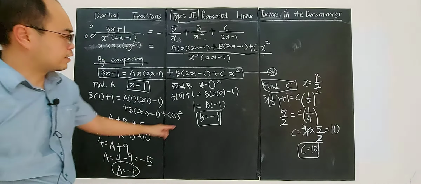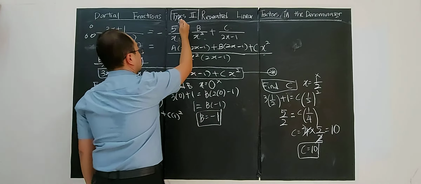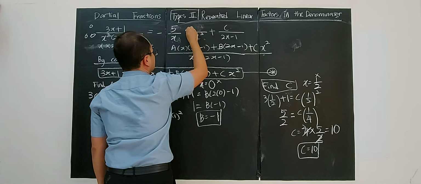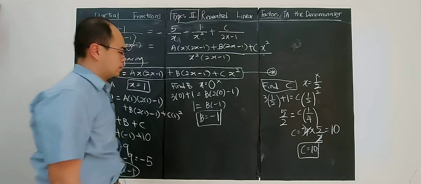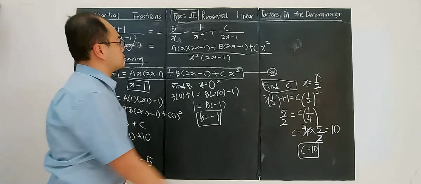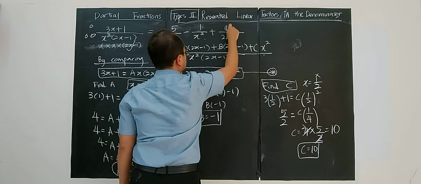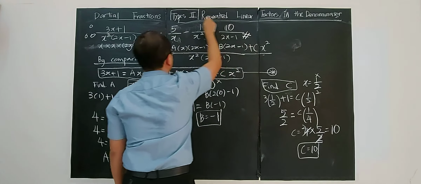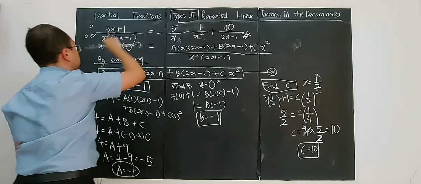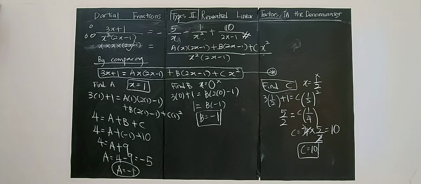What's your B? Negative 1, so positive and negative will become negative 1 over x squared. Plus C, C is 10. Just replace with 10, and this will be your partial fraction for this rational function with repeated linear factors. Alright, that's all. For the next video we'll go to type 3.